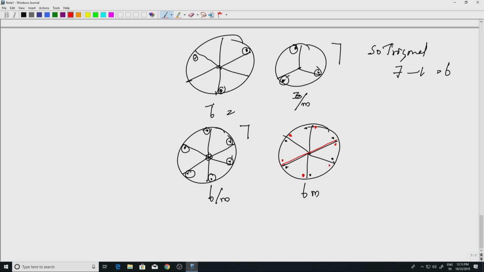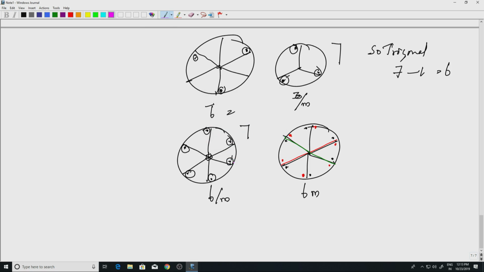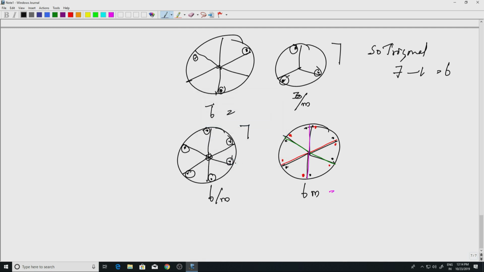Now we can see that this is a mirror generated, and this is a mirror generated. So this becomes six mm.